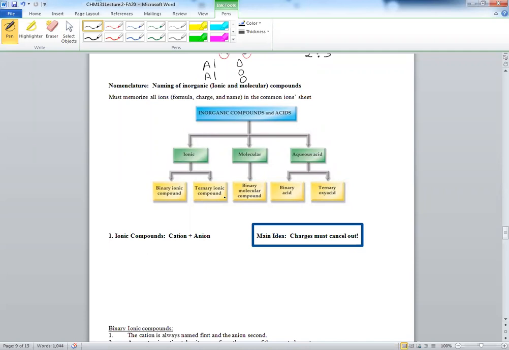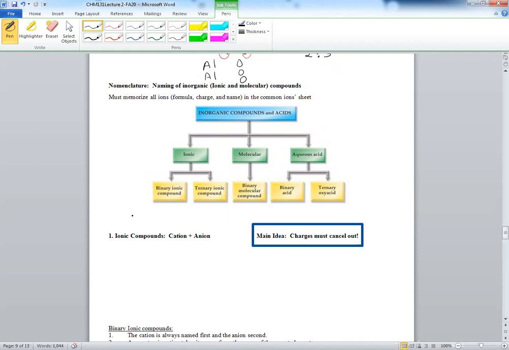Nomenclature is a fancy word that simply means naming compounds in chemistry, chemical nomenclature. You must memorize all ions in the common ion sheet. Now, that used to be the case, but you will be given the sheet that you can use on the test. Because of the situation we're in, you can just simply use them from the sheet. But you must use it effectively.